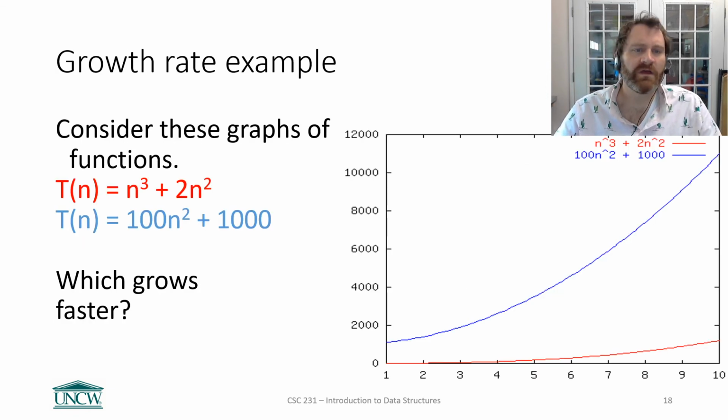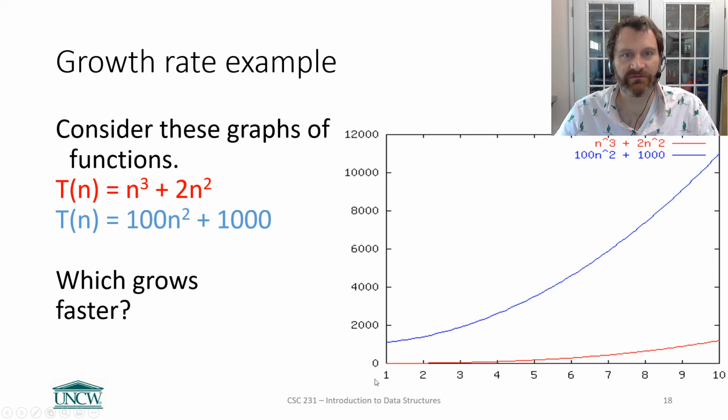All right, so growth rate. I've got two functions here, two T(n)'s for two different algorithms, and they're plotted on the same chart. We've got T(n) = n^3 + 2n^2. That's the red line here. Our x value is n, 1, 2, 3.